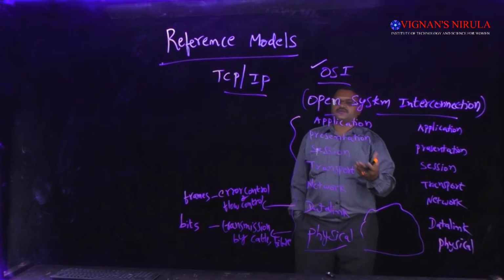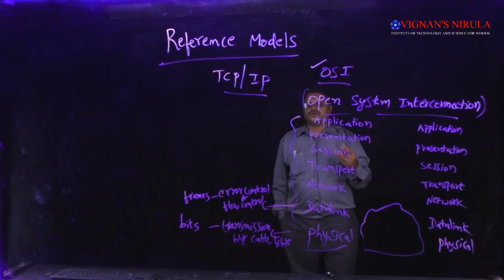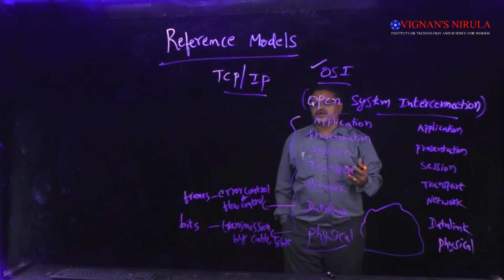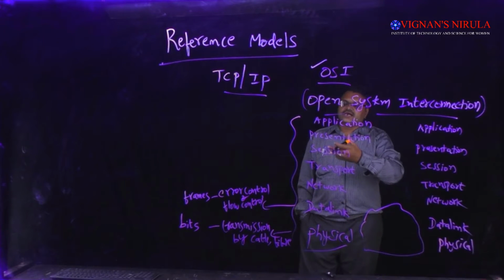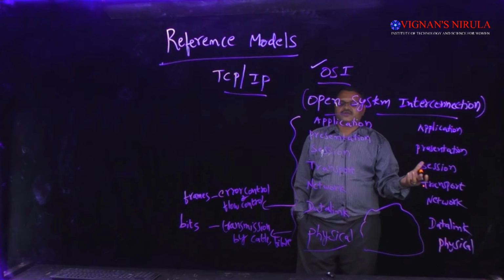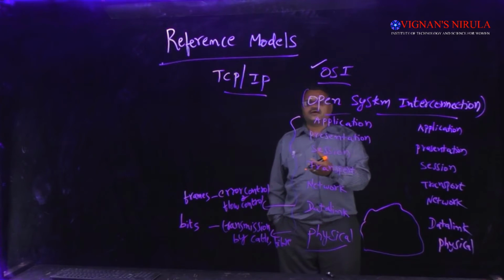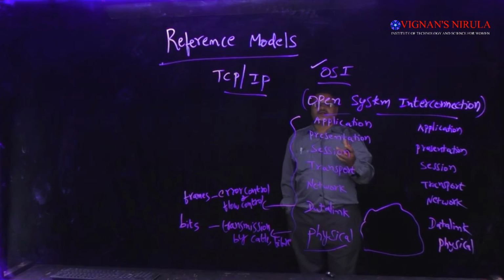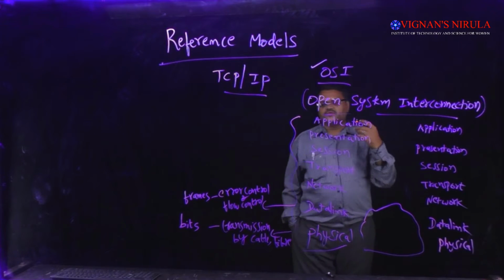In that case you need to retransmit the frame. Whenever a frame is received by the receiver from the sender, it will send the acknowledgement. So not only error control but also flow control.